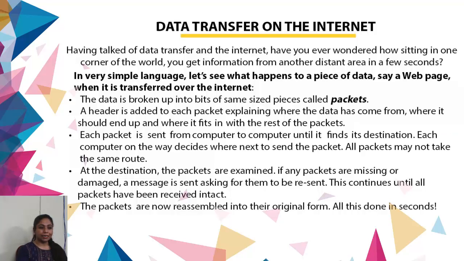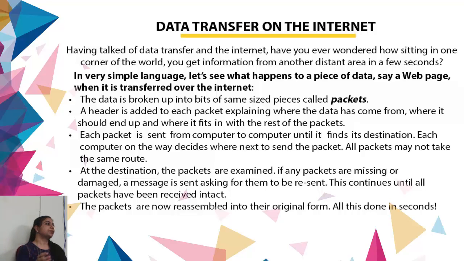Next, the packets are reassembled into their original form. The packets which are received are now assembled in the form that they were in originally. All of this process is done in just a second. This is what data transfer on the internet is all about.